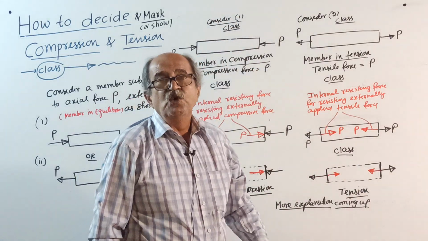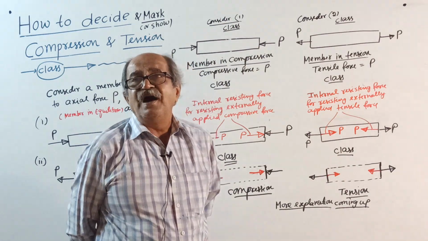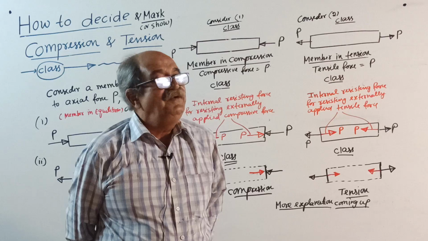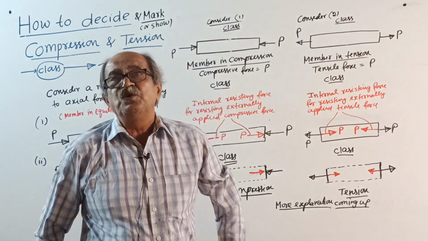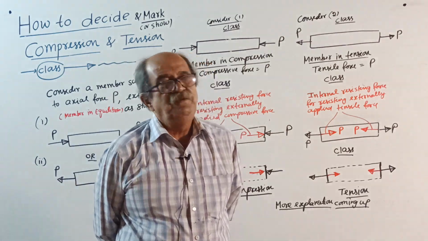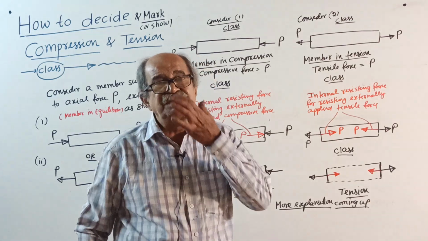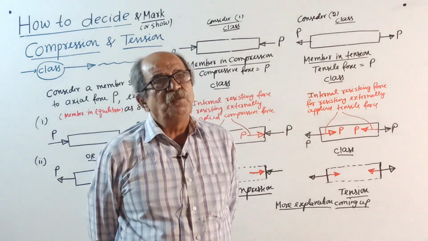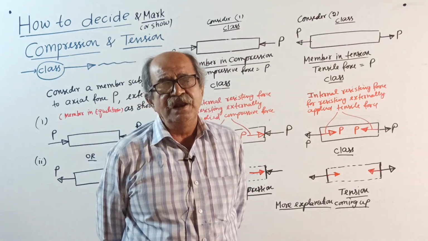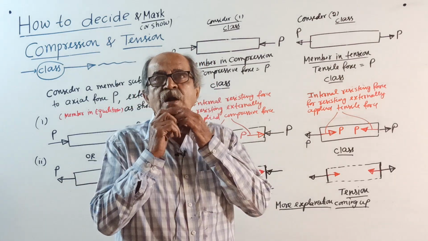So many people who tell section forces are internal, they will use some places: consider a member subjected to axial compression. I will tell them, you told just now, consider a member subjected to axial compression. If you use the word subjected to axial compression, how it can be internal? They will tell, what I told.